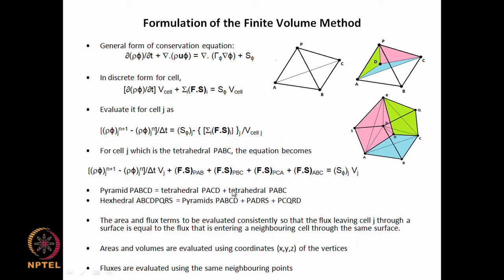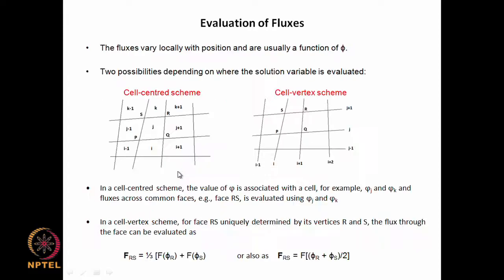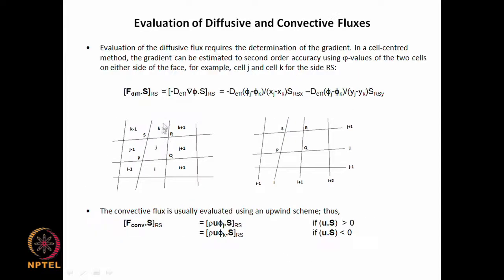an overall formula in which the phi value at a particular cell is affected by the neighboring values through the fluxes, and you can see that you have phi r and phi s. So, those are okay, phi j and phi k are coming here, and then here also phi j and phi k are coming here.